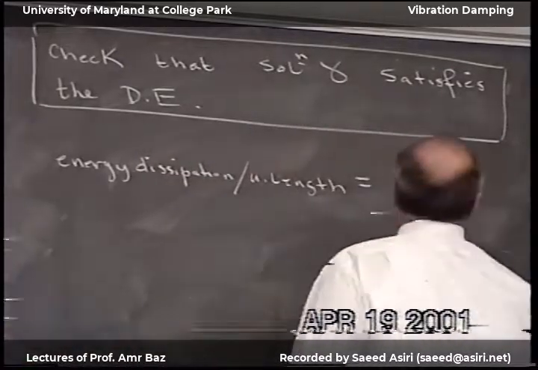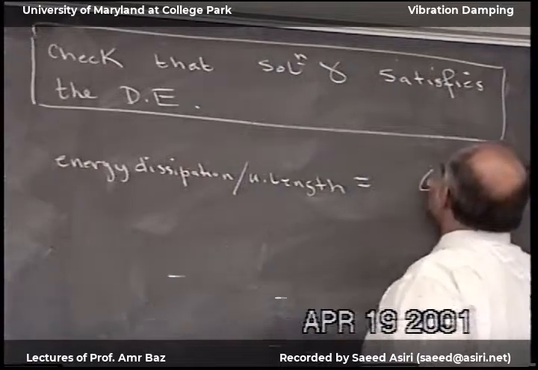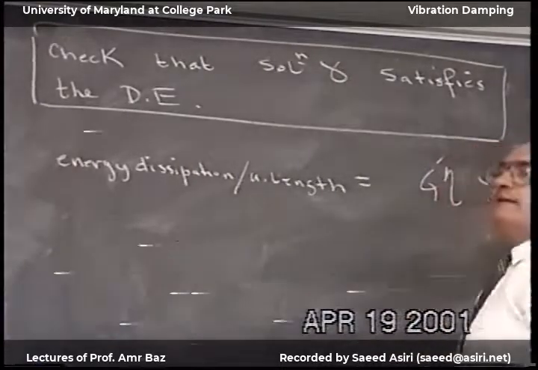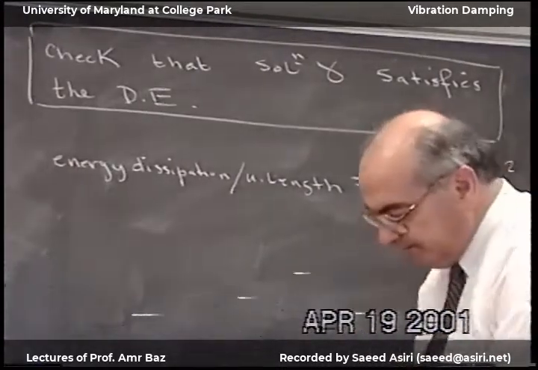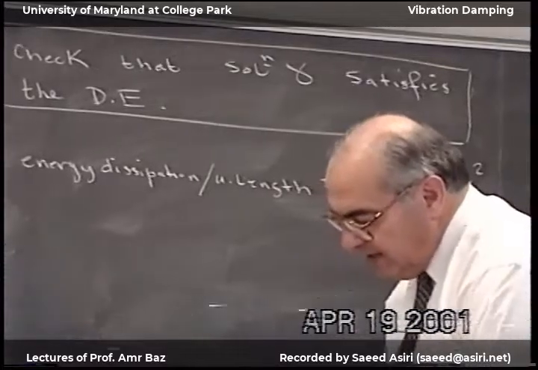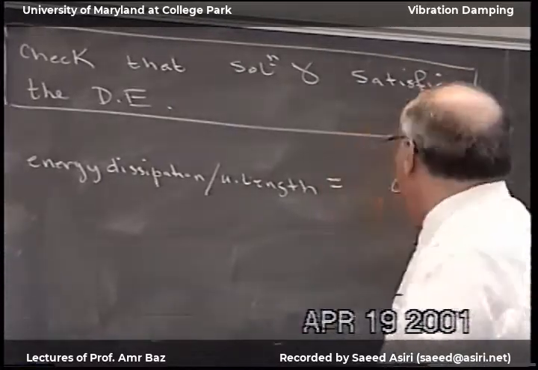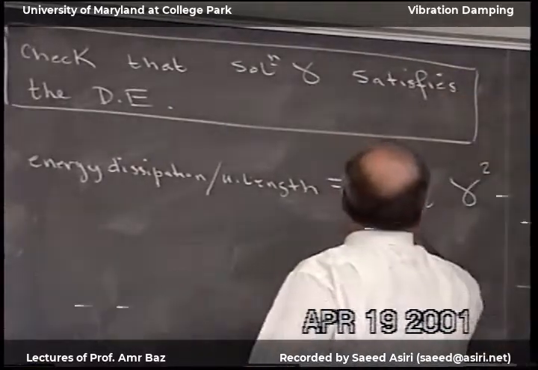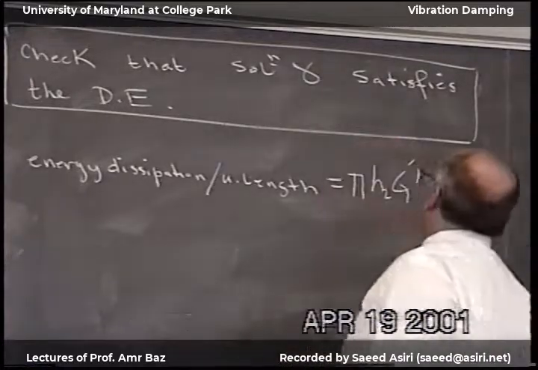This is equal to gamma squared G prime eta times the H2 and pi.